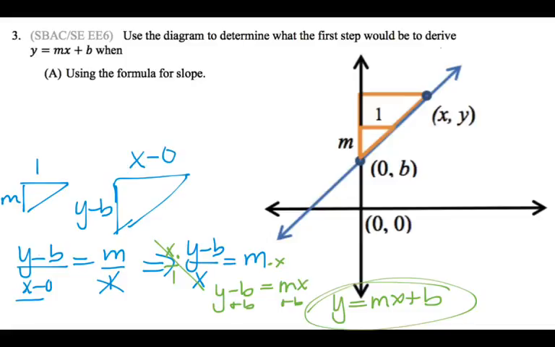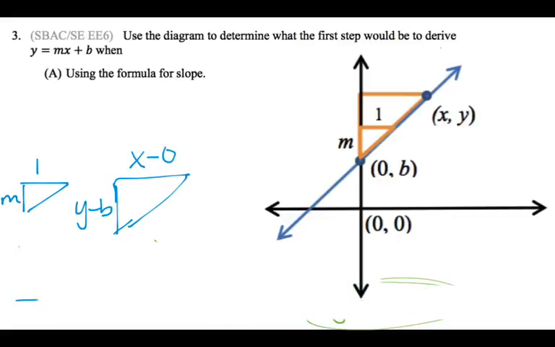Okay. Now, if that wasn't making too much sense with my fraction y minus b over x minus 0, maybe you're saying, well, Ms. Ansel, when we were talking about similar triangles, you compared these two sides to each other, like the left side and the left side, the right side and the right side. Okay, so I'm going to show you how that could still work.